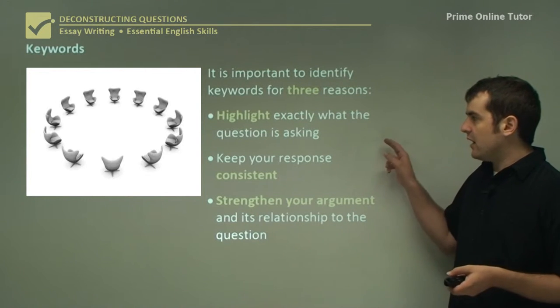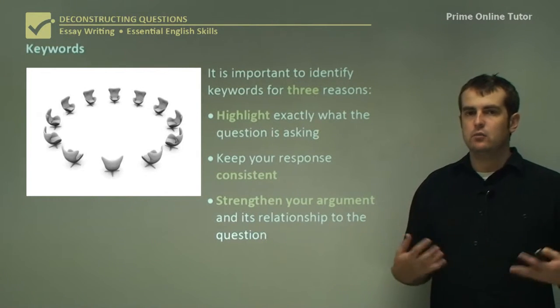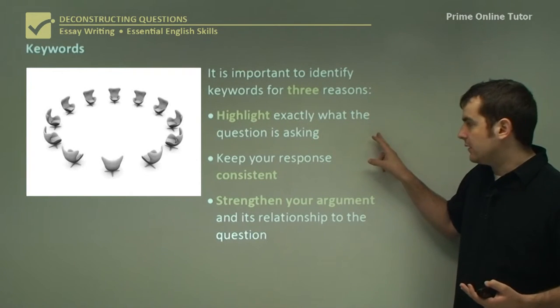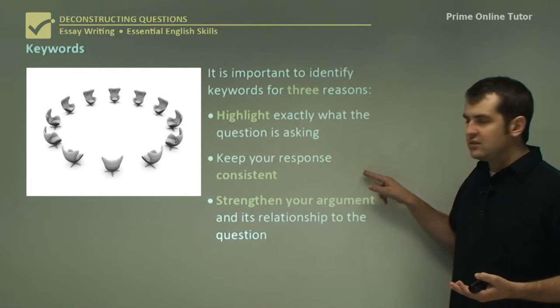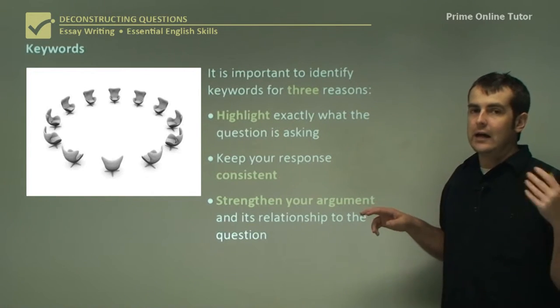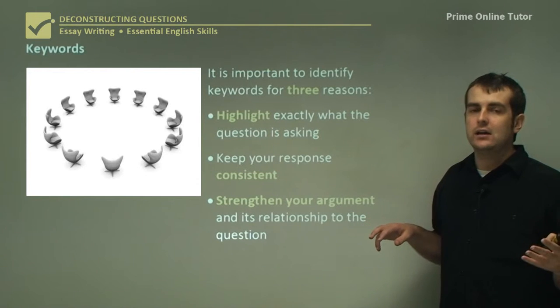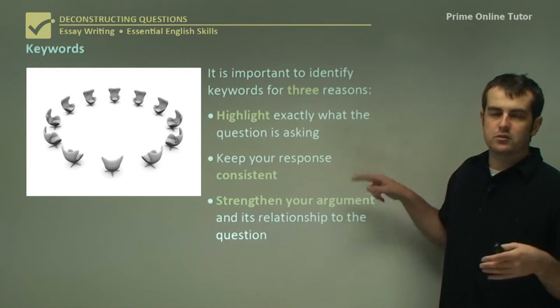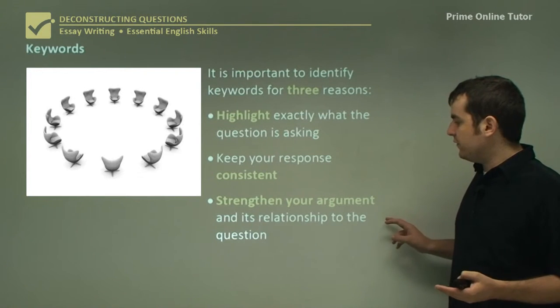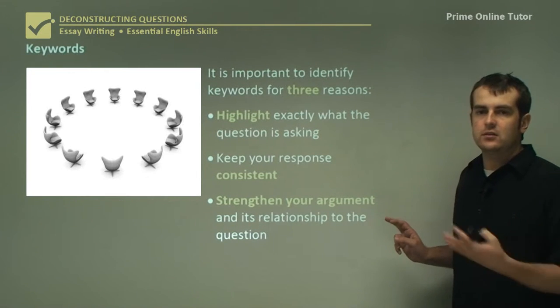So if it's asking how something represents something and you use that keyword, representation, then immediately you're highlighting what the question is asking. It keeps your response consistent, as in you're going to be focusing on representation and that aspect of the question, or other parts of the question that you get asked, and making sure that your response is consistently directed back towards the question. And it strengthens it because it's not going in a different direction.